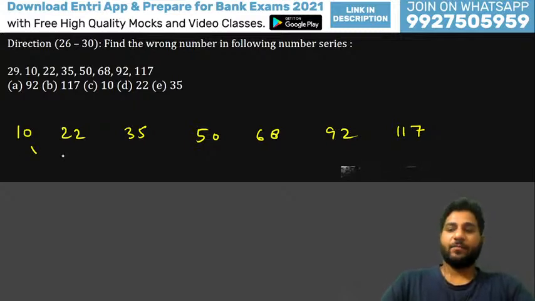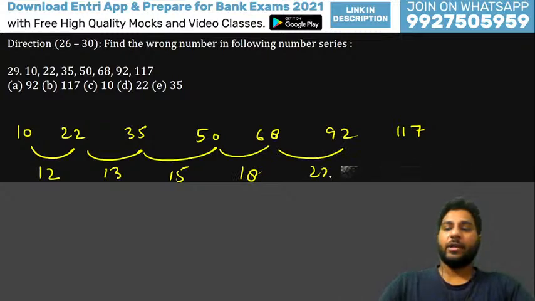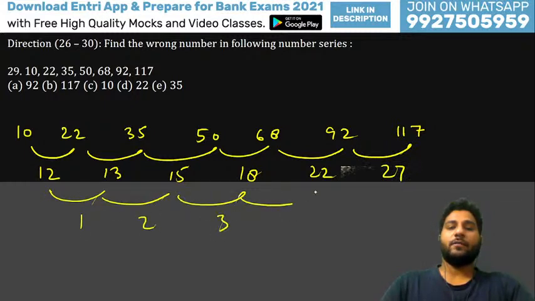Look at this. 12. Okay, 13. Again 15. I think this is the wrong one. If you got 15, okay, D. Okay, I'll tell you. 18. Okay, and 22 and 27. All right, so let's make it 1, 2, 3, 4, 5.